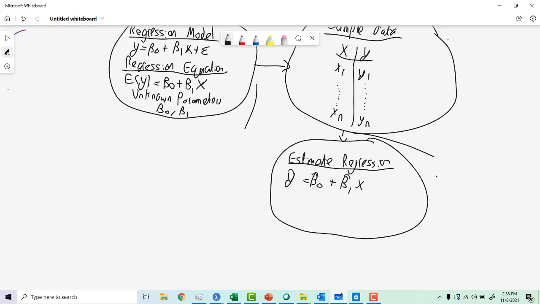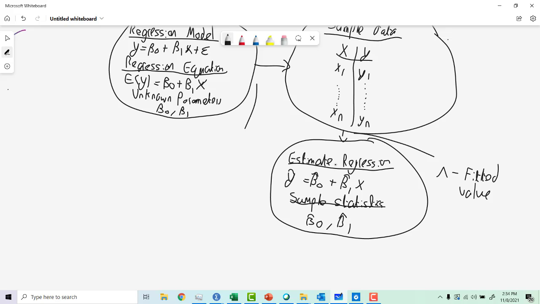All this means is that the hat indicates we've fitted a value to our equation using the data. So when we have the data, the hat is the fitted line. This is our model in theory, and this is our model in practice, where we fit the data. And here we have our sample statistics, beta hat 0 and beta hat 1.